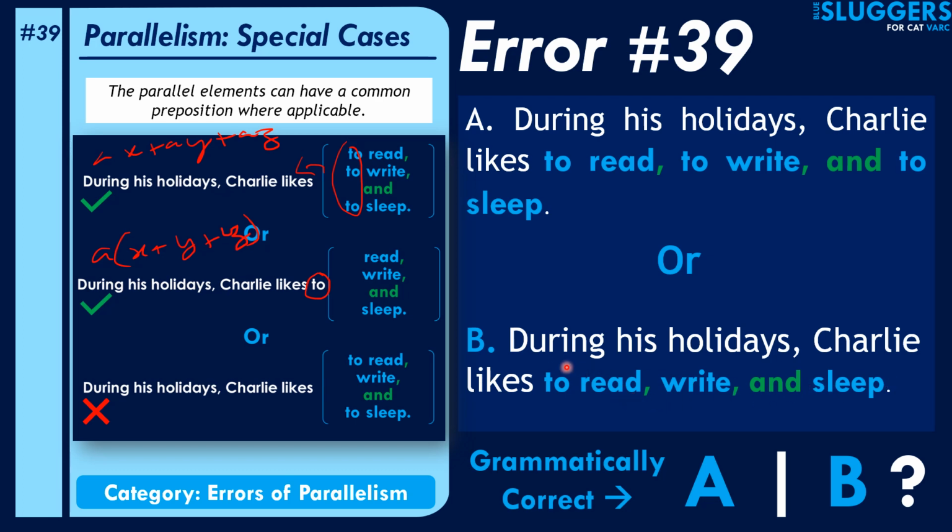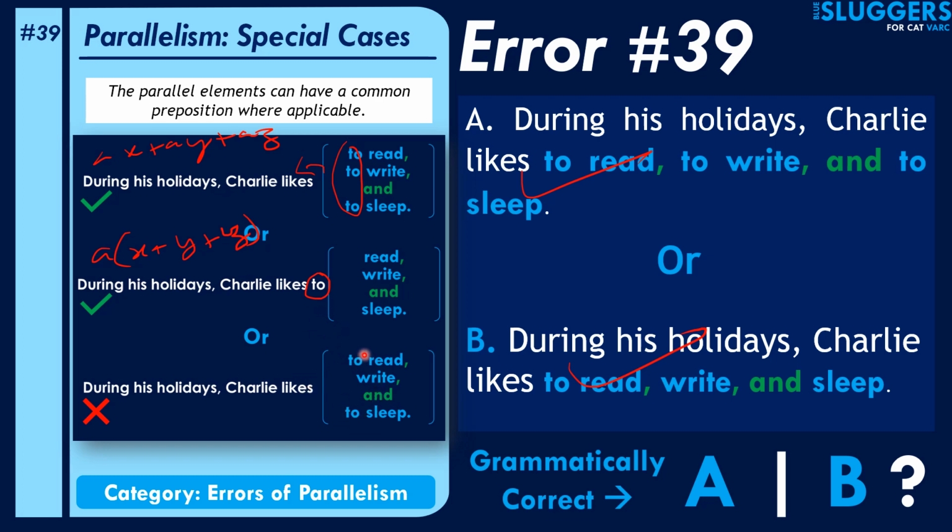So in this particular case, both of these sentences will be correct. However, suppose you used "to" with "read" first, but then instead of not using "to" at all and letting it be a common preposition, you used "to" with the word "sleep" as well. Then you can't claim that the first "to" is common to all of them.